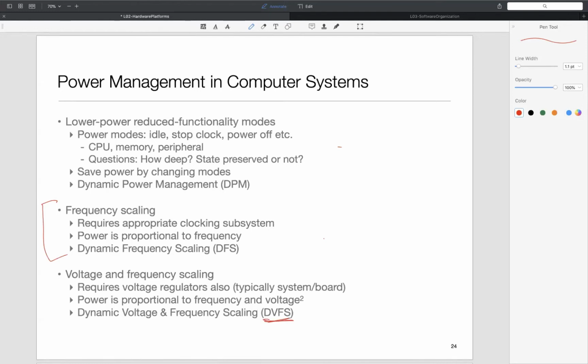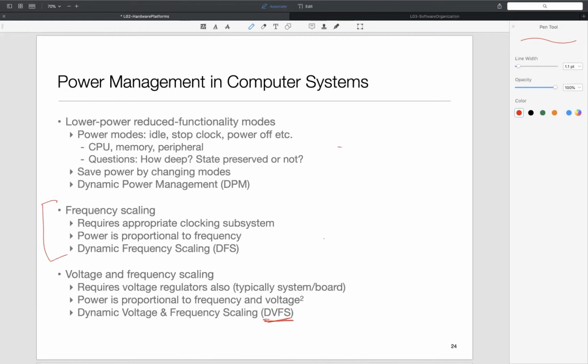It's the most sophisticated form of power management, but it does require support from the underlying chips and boards and whatnot, because you have to be able to change voltage and frequency in a coordinated manner, and to be able to do so in a very efficient manner. You don't want things to take lots of time to change the voltage or change the speed.